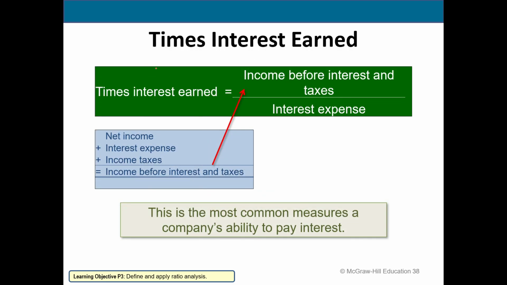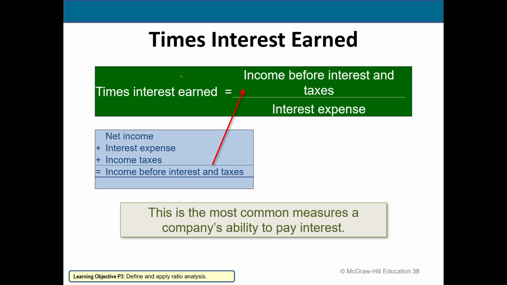Another estimation of solvency is times interest earned. Basically we're looking at our ability to pay the interest on the debt. You have to think that there's a close relationship between debt on the balance sheet and interest. No one's going to give you money for free.